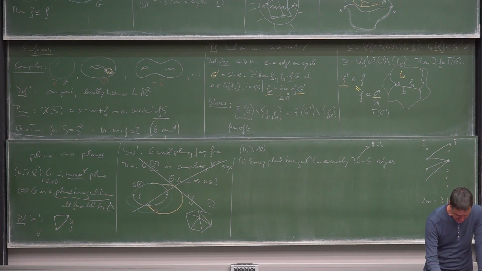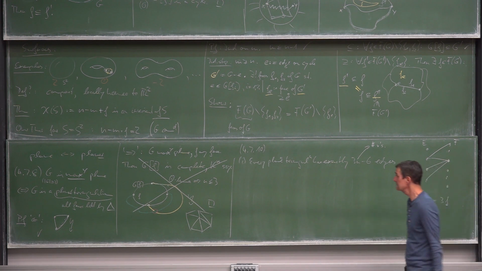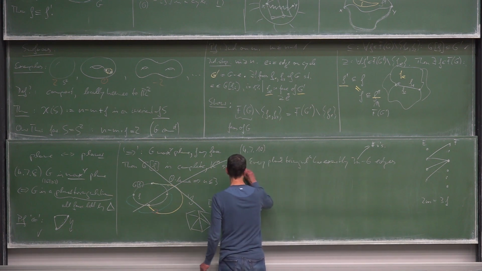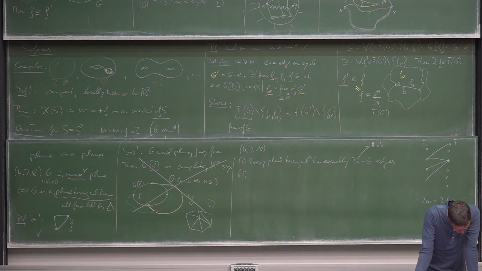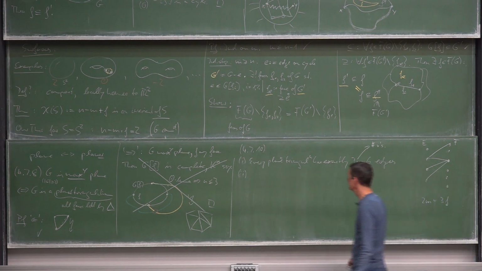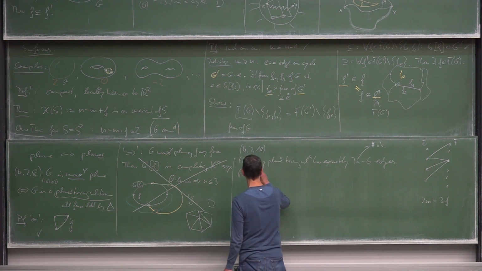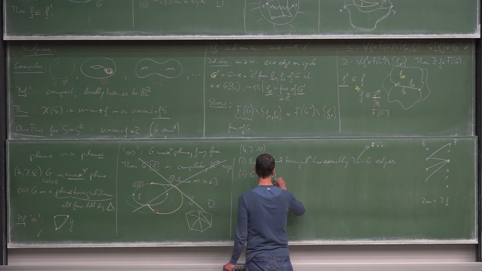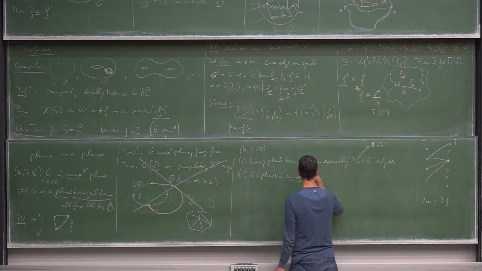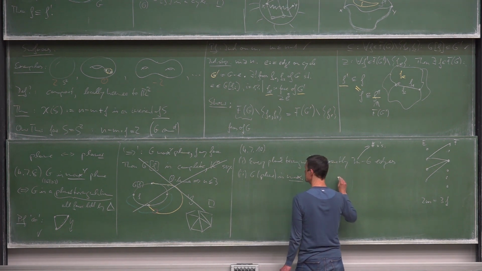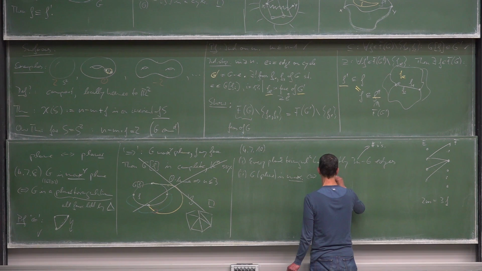Then the next assertion is, the plane triangulations, or no, I want to phrase it the other way around. A plane graph is maximally plane if and only if it has 3n minus 6 edges.